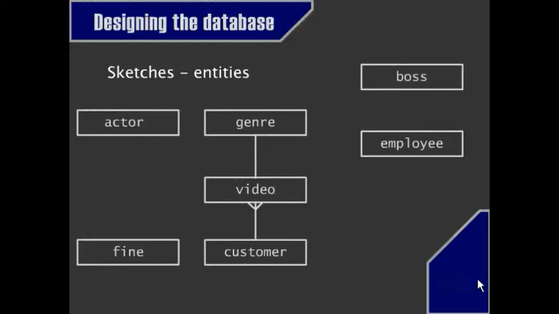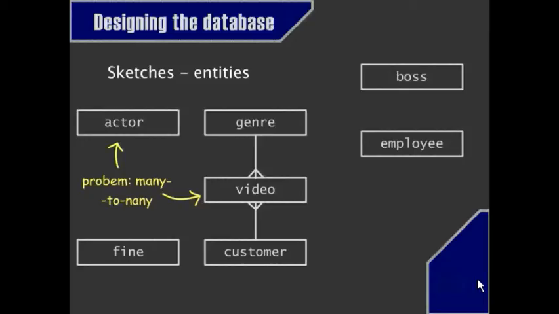Genre: each video has to be connected to a genre, so again we have a one-to-many relationship there as well. We also need to connect videos with actors, and presumably, since there's more than one actor within each video, we need a one-to-many relationship there as well.